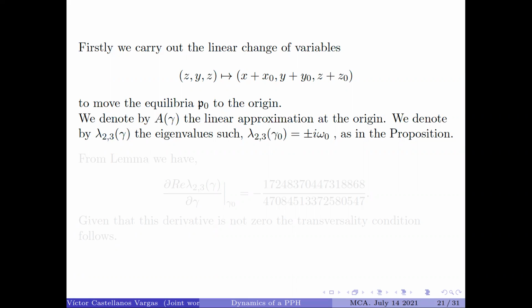First, we carry out the linear change of variables to move the equilibrium point P0 to the origin. Now, we denote by A(gamma) the linear approximation at the origin.